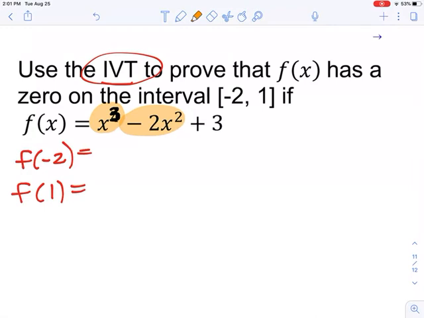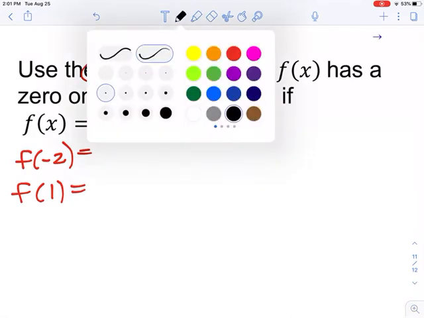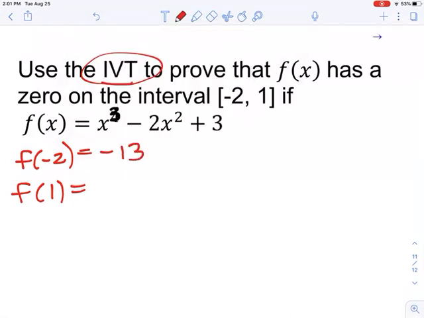If we plug -2 in, we would get -8 minus 8 plus 3, for -13. And if we plug in 1, we get 1 minus 2 plus 3, which is a +2.